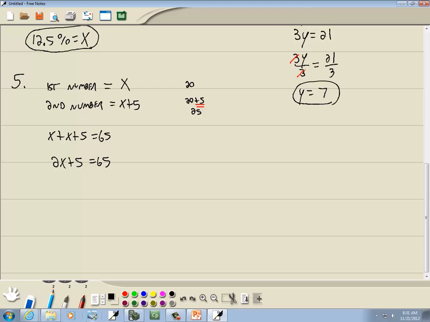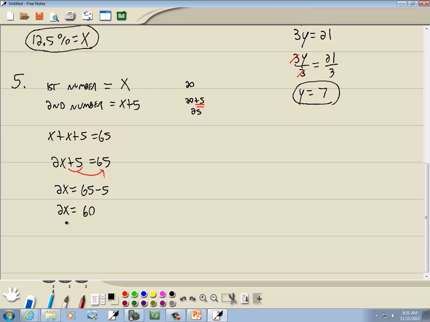First step, get rid of parentheses. Don't have any. Second step, get rid of fractions. Don't have any. Third step, get everything with an x on one side, numbers on the other. So I'll take 5 over. You take any number across your equals, the sign changes. So it becomes a -5. Combine together numbers at any step. 65 minus 5 is 60.